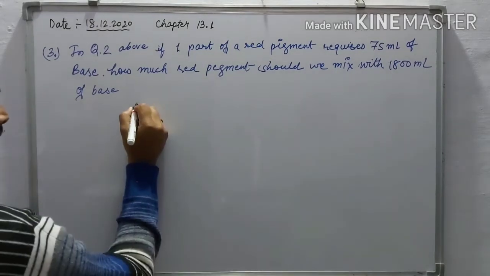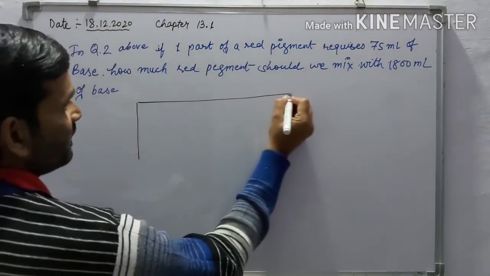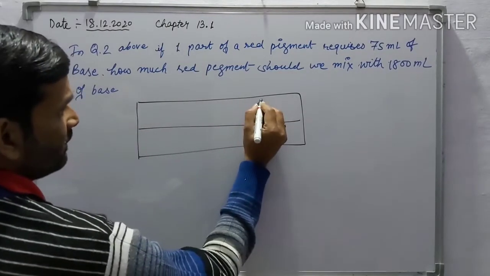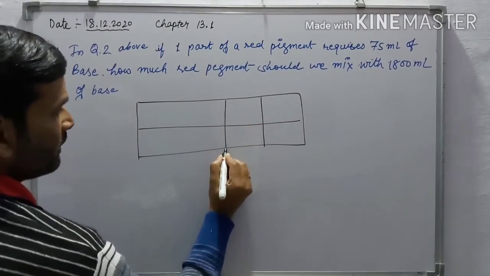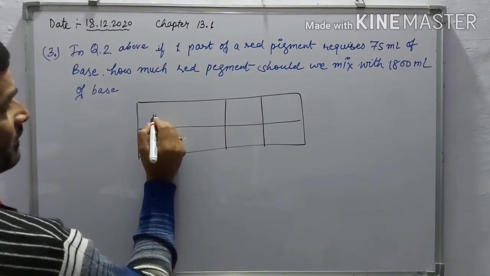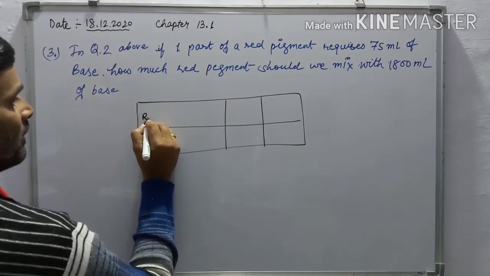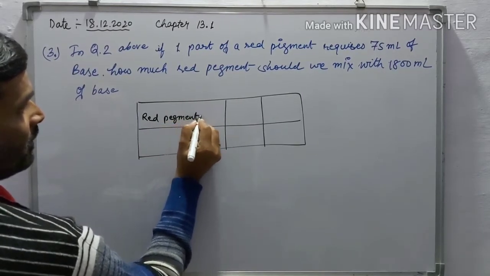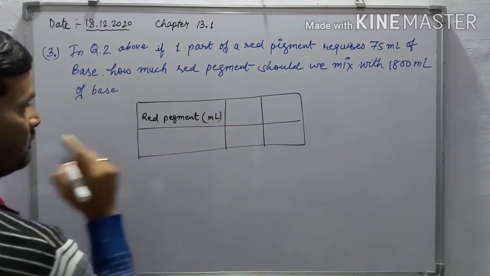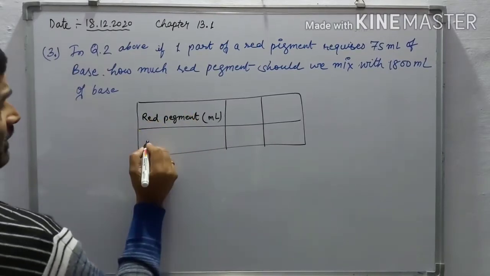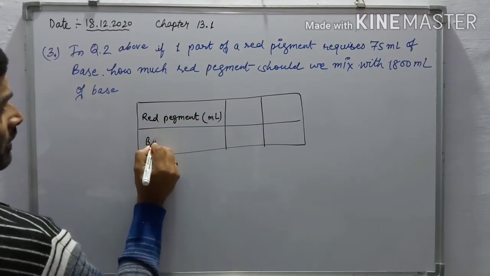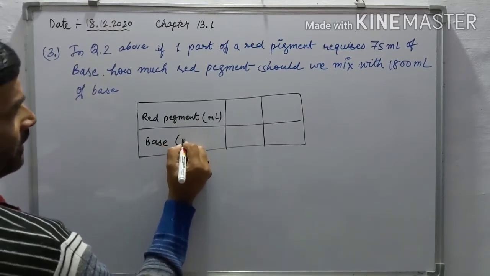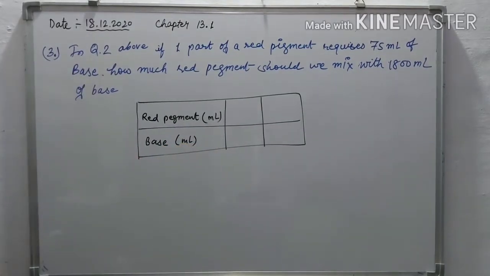First, we will make a table with the two given quantities, because the proportion involves two quantities. First we write the red pigment in ml, and second the base in ml.